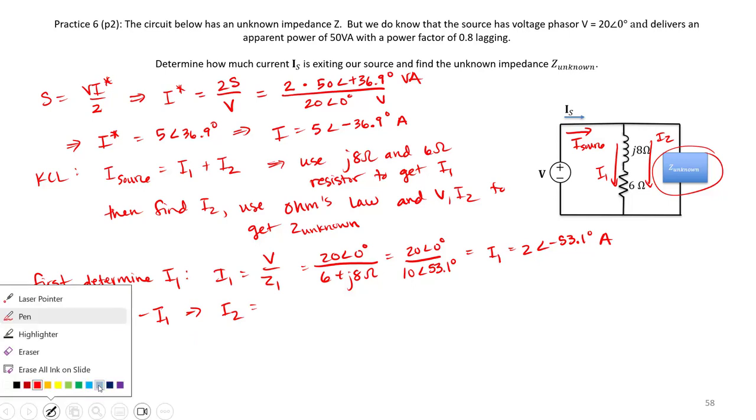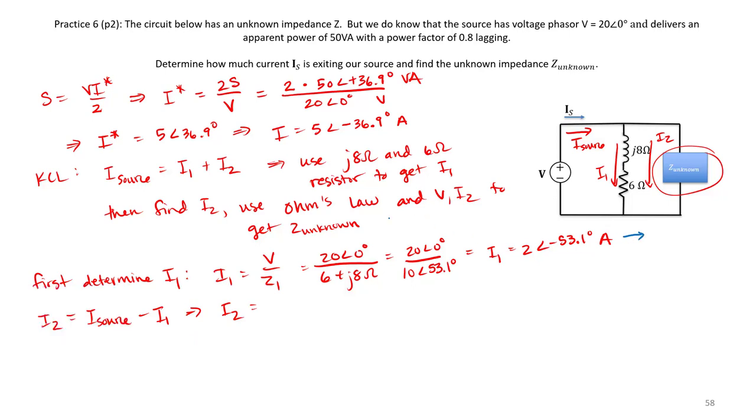Let's convert these to rectangular before we do that subtraction. You'll see our current I becomes 4 minus j3 amperes if we convert, and our I1 value becomes 1.2 minus j1.6 amperes.